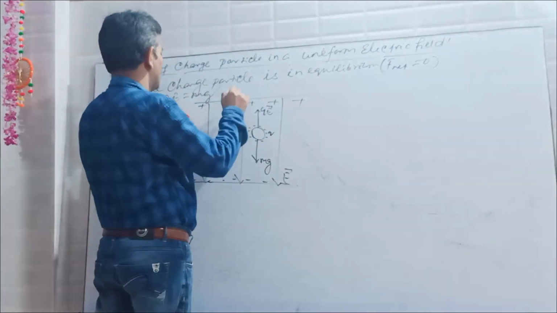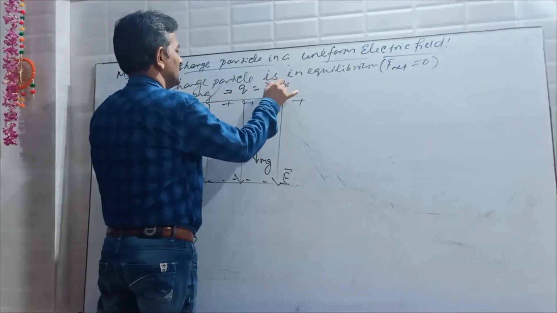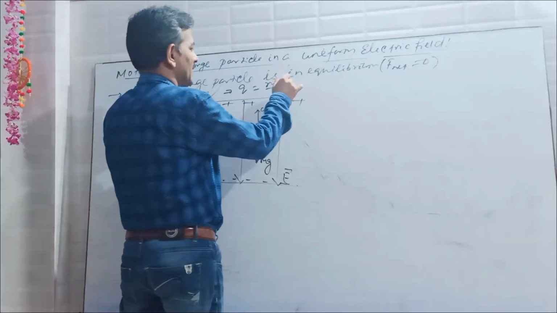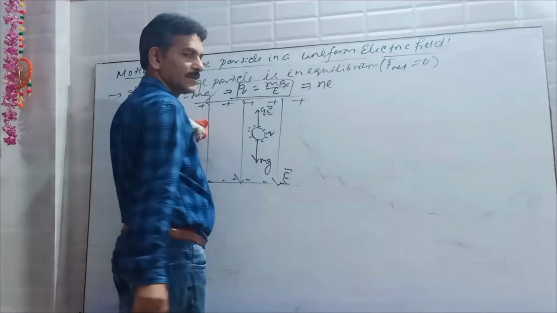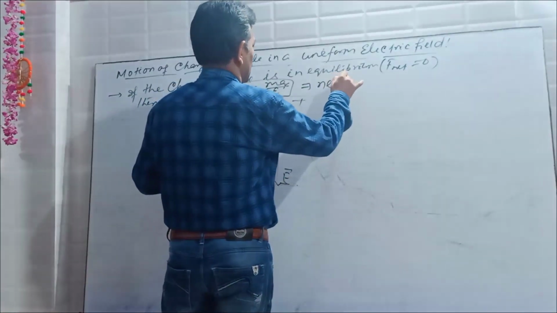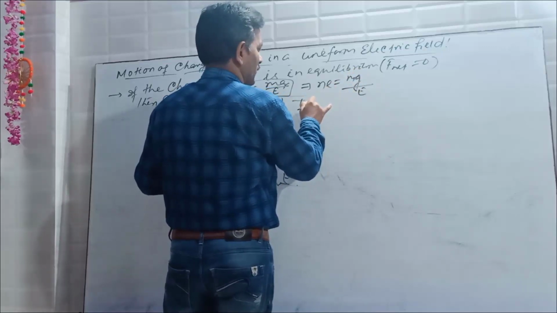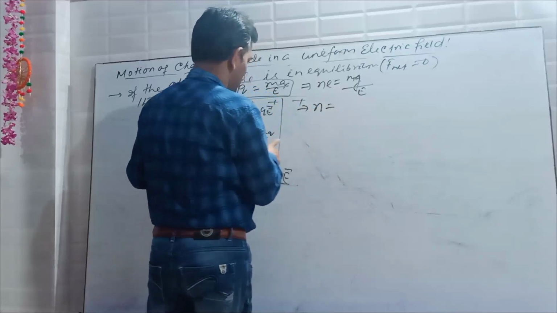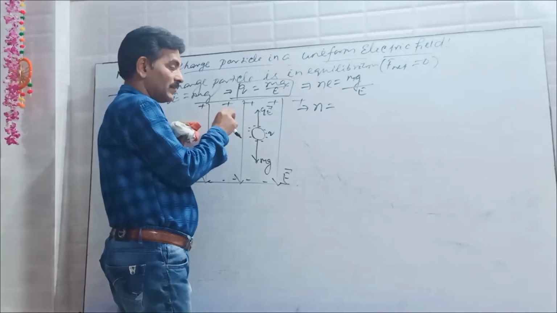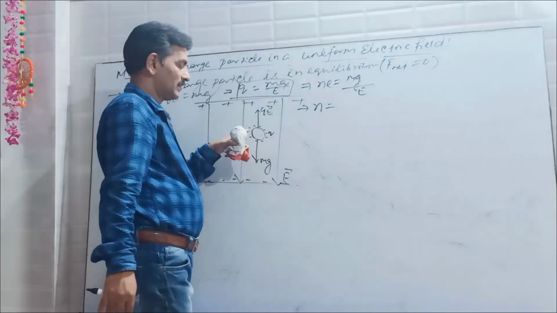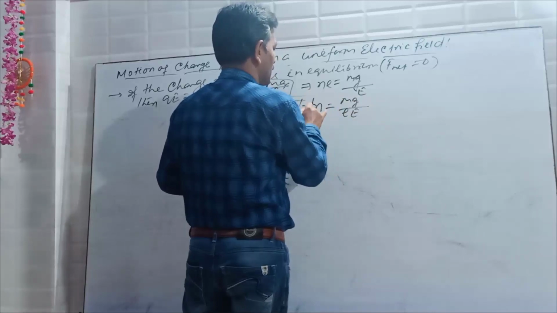Or the charge on the charged particle is mg by E. Again, from quantization of charge, you know Q equal to plus or minus Ne, which is equivalent to mg by E. So you can also find out the number of electrons gained or lost by the charged body here. So N equal to what? mg by eE.